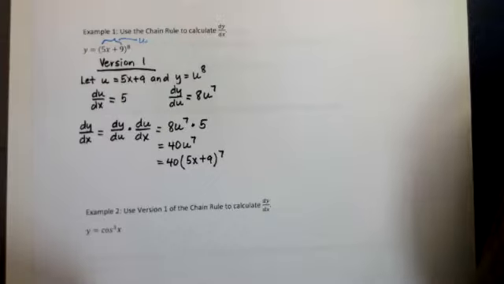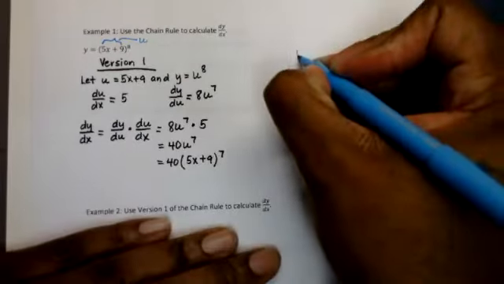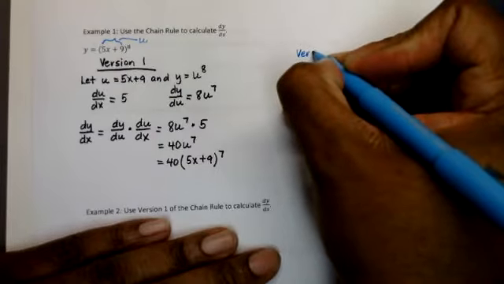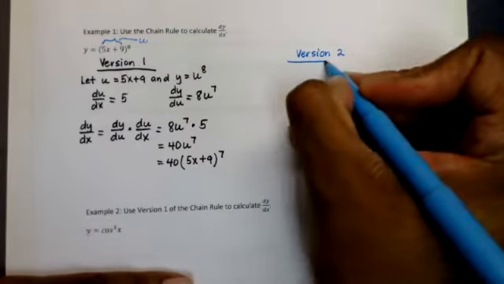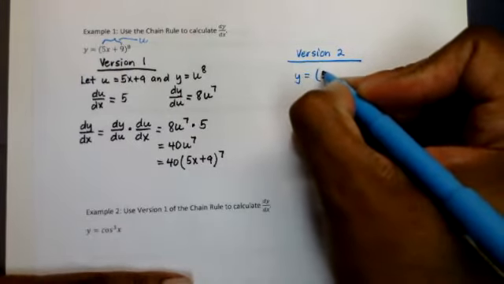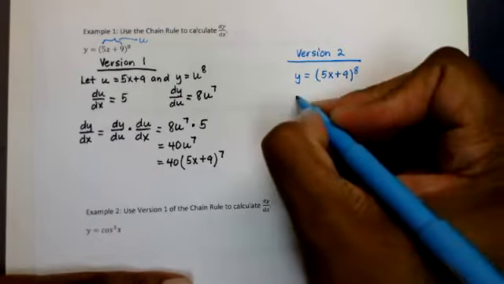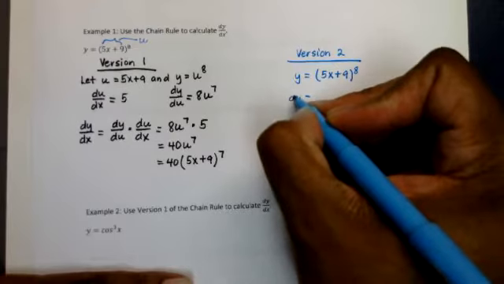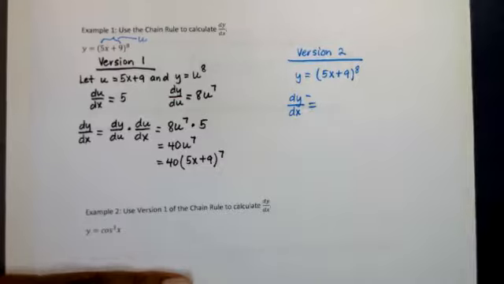Now let's look at version 2 of the chain rule as well. So here's version 2. Our equation was y is equal to 5x plus 9 raised to the 8th.